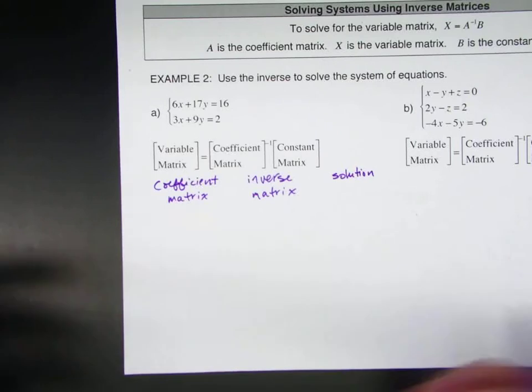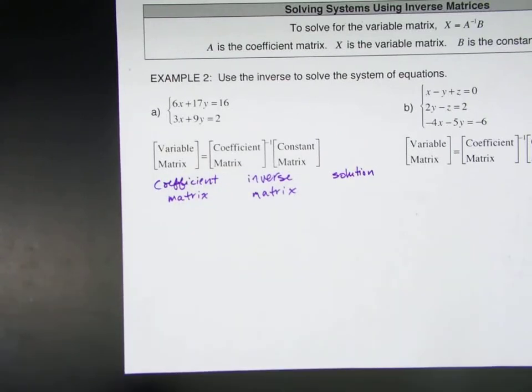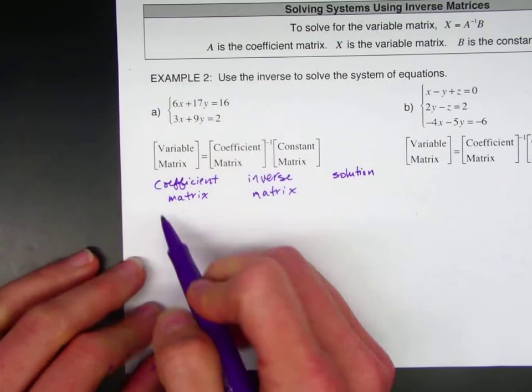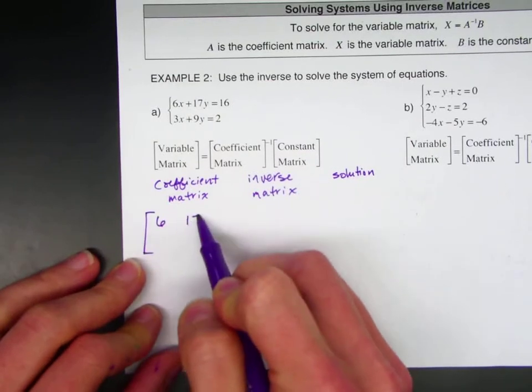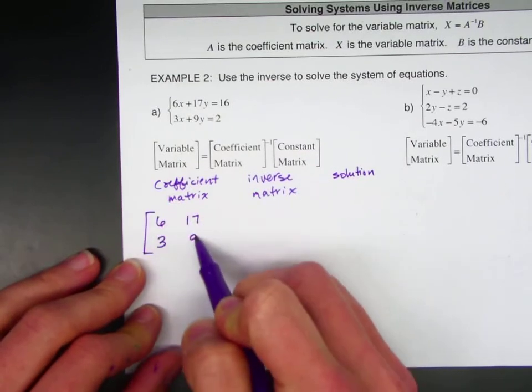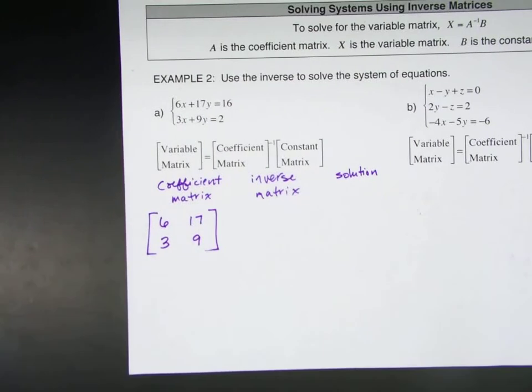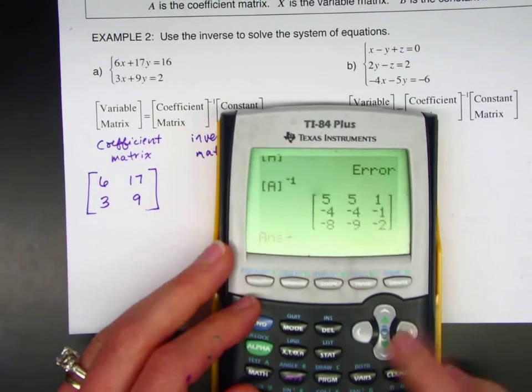Okay, so what is our coefficient matrix here? 6, 17, 3, 9. And then to find the inverse matrix, we got to plug that into our calculators.